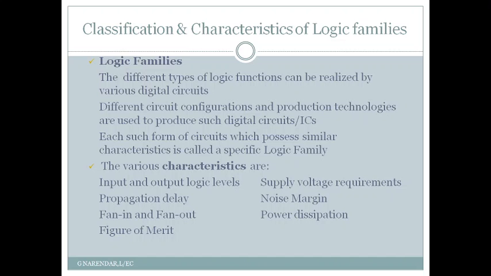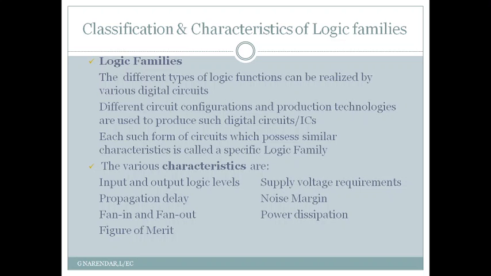So a number of circuits are there, and each has a different configuration and production technology, and all these circuits are used to realize the digital logic functions. When they have different circuit configurations and production technologies, those digital circuits will possess different characteristics also.